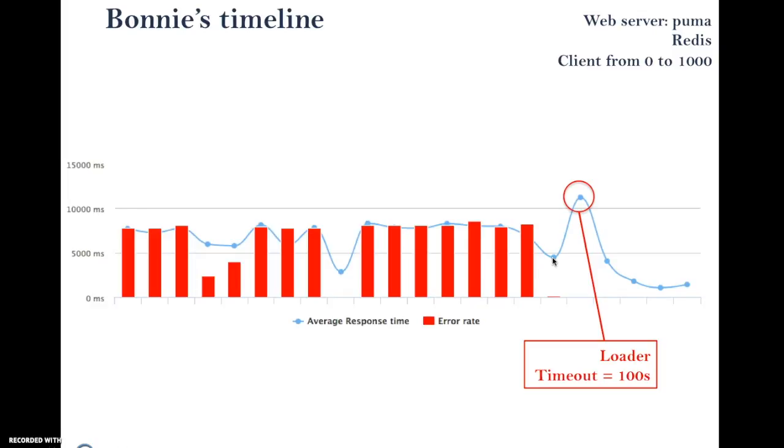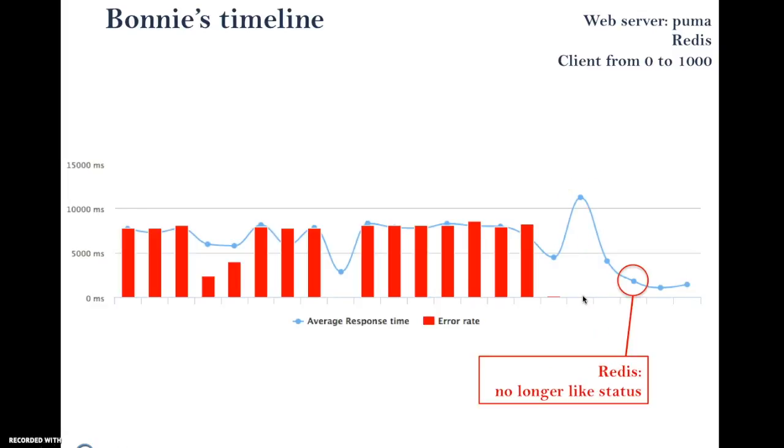We changed the timeout time of the loader from 10 seconds to 100 seconds. And as we can see, the error rate is 0, which means the only problem of our web application is that the response time is too slow, which inspired us to decrease the response time more.